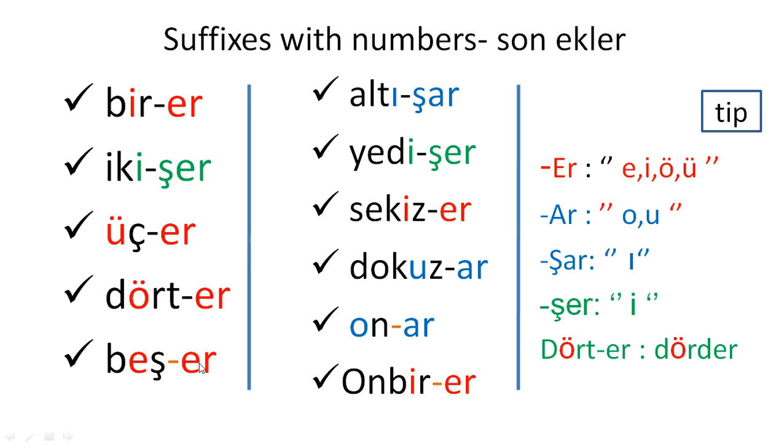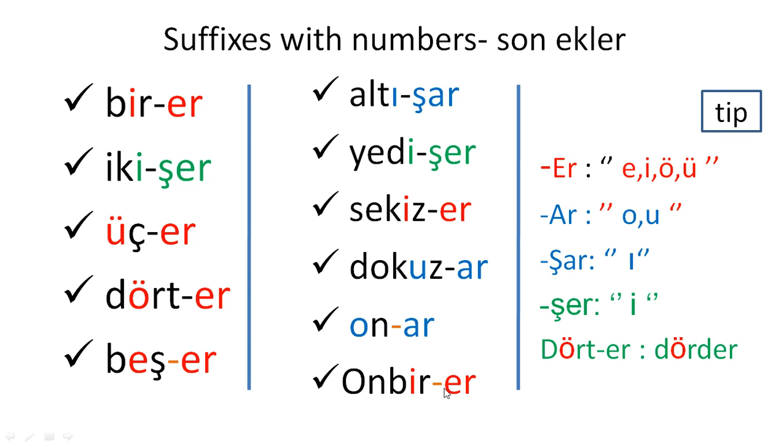Beş, beşer. Altı, altışar. Yedi, yedişer. Sekiz, sekizer. Dokuz, dokuzar. On, onar. Onbirer.